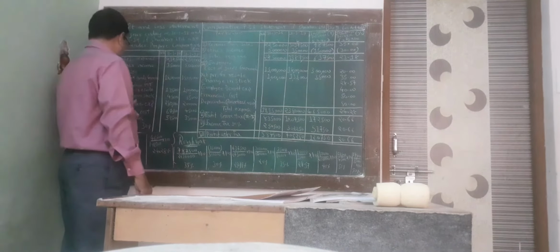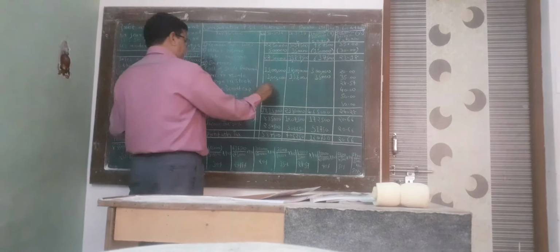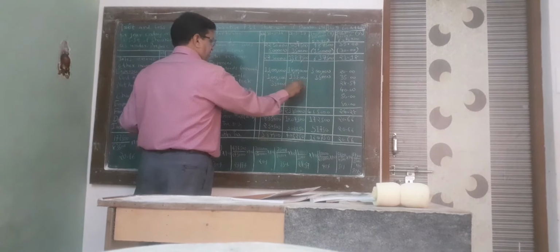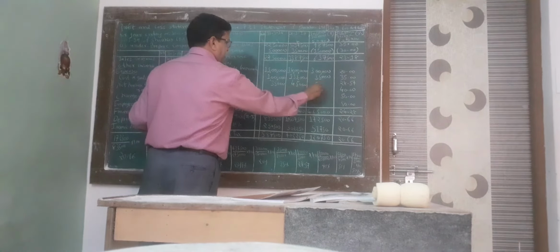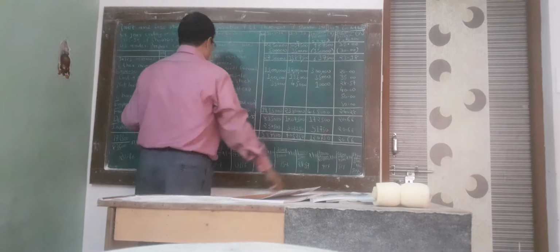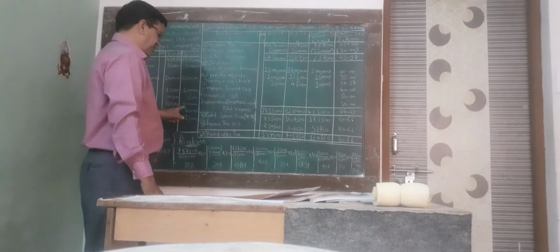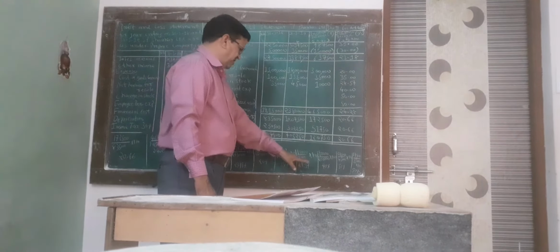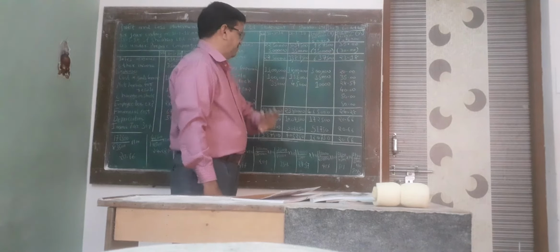Now change in stock: 35,000 and 45,000. There is an increase in stock of 10,000. So 10,000 divided by 35,000 into 100 is 28.57%.